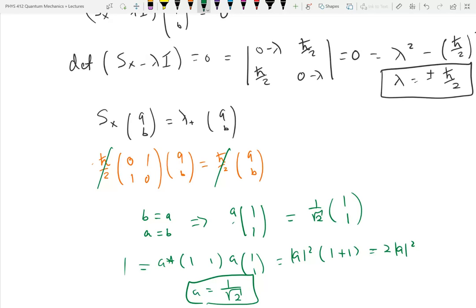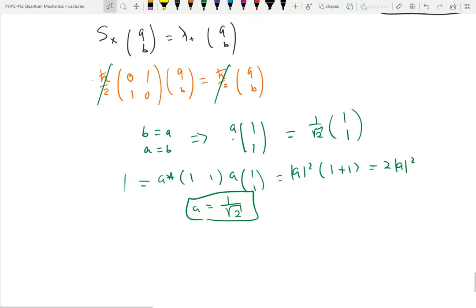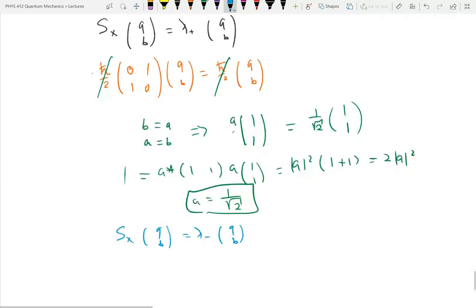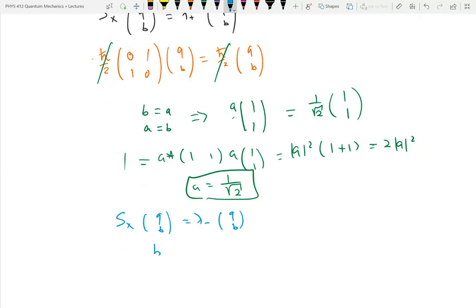What about for the Sy? Oh, wait. That's for the lambda plus. We need to do it for the lambda minus. What's it going to be for the lambda minus? So B equals negative A and A equals negative B. Yeah.